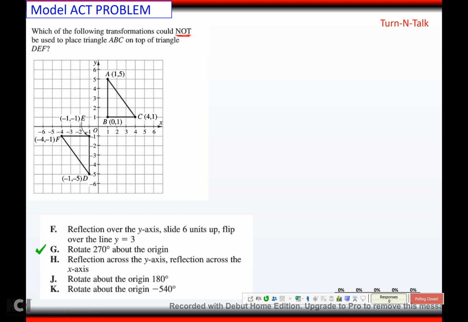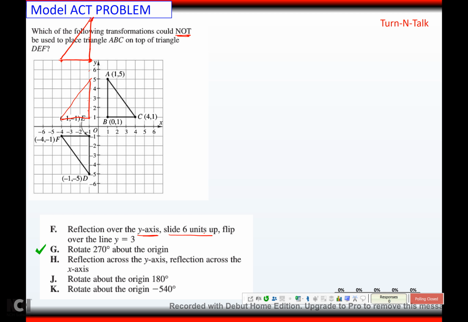Alright, if I reflected over the y-axis, okay, that would put me like this. Okay, then if I slid 6 units up, 1, 2, 3, 4, 5, 6 up, that puts me way up here, 6 units up.